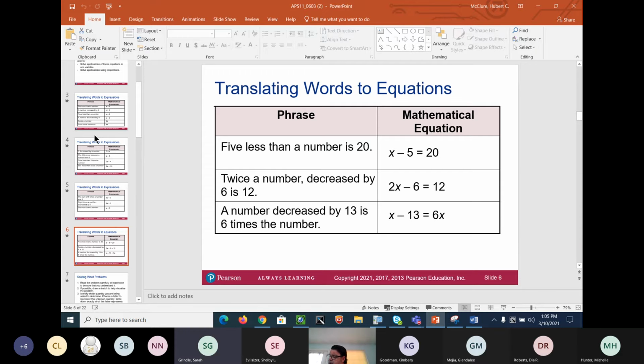Now, we're not talking about inequalities because we haven't talked about inequalities yet. But when you're talking about changing, when you see 4 more than a number, or you say 6 less than a number, these are really the only 2 that I want you to make a note of.